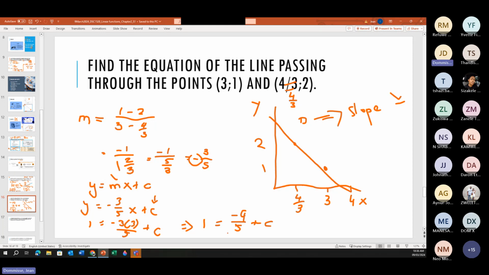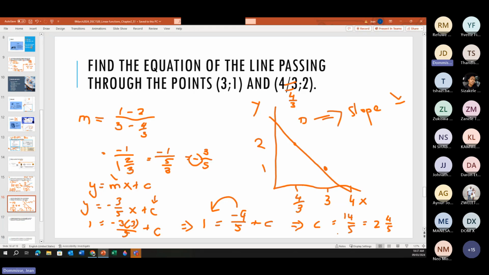To get rid of the minus 9/5, we'll move it to the other side. So c is equal to 14/5, which is then 2 and 4/5.